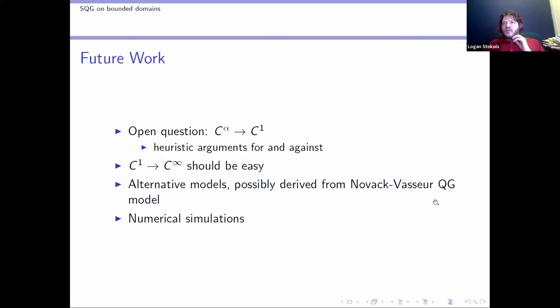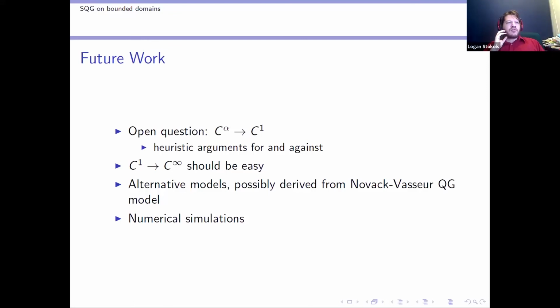So things that are still open: first of all, we have Holder continuity. Once your solutions are C^1, I haven't seen a proof of this, but it's generally believed that you can get C infinity pretty easily after that. But getting from C^alpha to C^1, this is the thing I've been thinking about and would like to think about more.